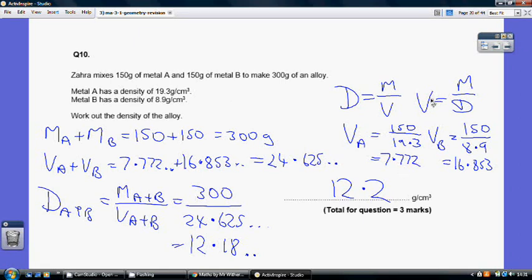And my volume of B is a mass of 150 divided by the density of B of 8.9, which is 16.853. So my combined volume of the two, when I add the two volumes together, is 24.625. So my overall density equals my overall mass divided by my overall volume, 300 divided by 24.625, which is 12.18, 12.2 to 1 decimal place.